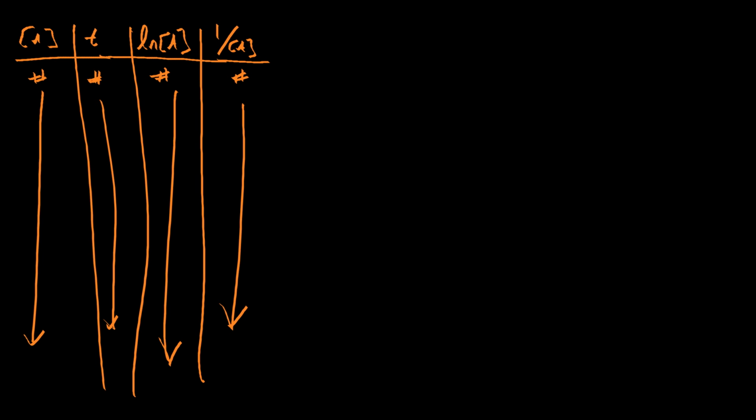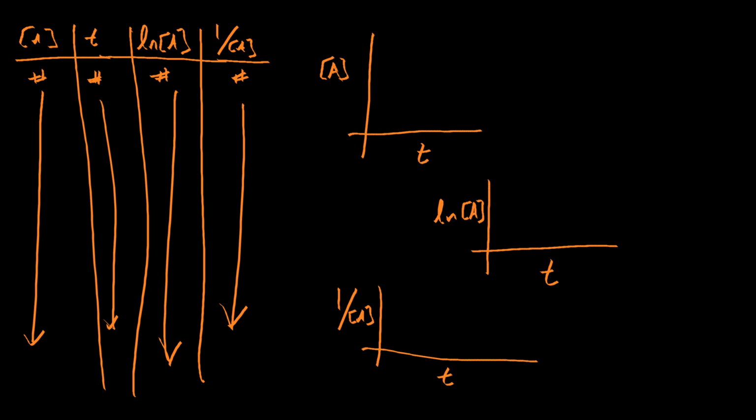Okay, so now you have three different things that you can plot against time. The concentration itself versus time, the natural log of the concentration versus time, and 1 over the concentration versus time. The reason they call it the integrated rate law is because this is what comes from taking the integral of 0, first, and second order equations.